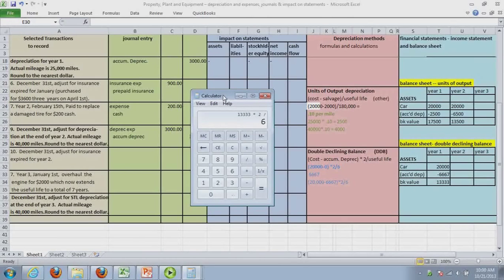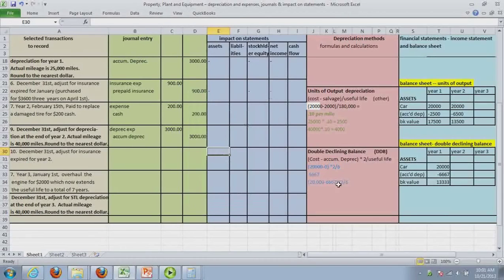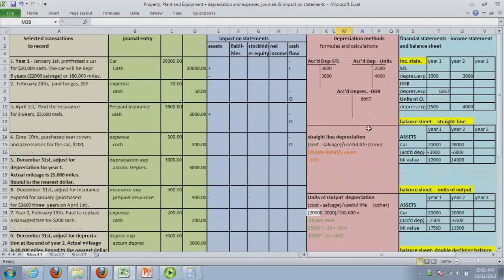So that fraction does not change. And now we got a lot of 4s, so we're going to round it to 4,444. And I'll put that here. We'll post that up here so we can do the math. Okay, you can see a substantial drop. Each year with double declining balance, it does go down.